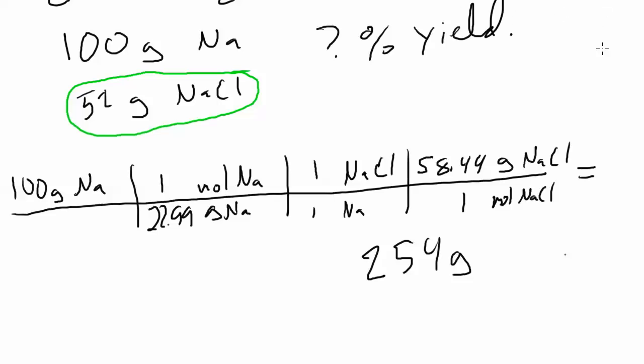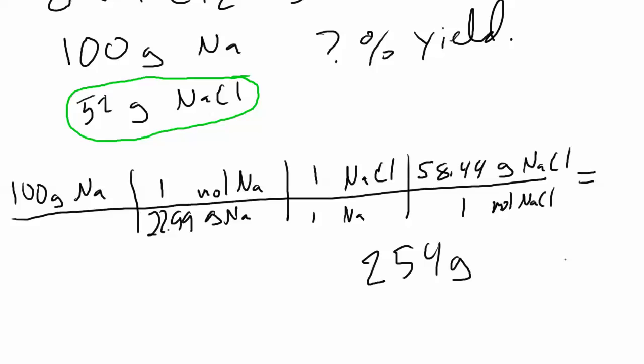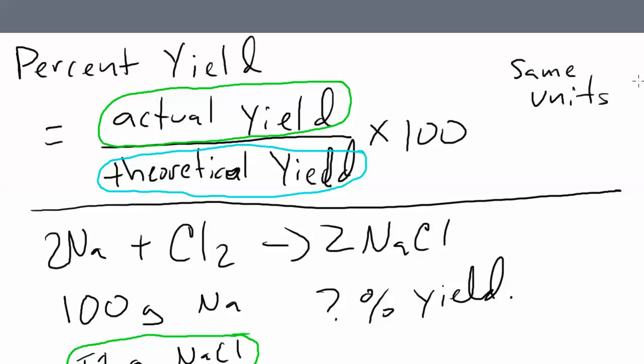What did we just calculate? Well, remember we needed the actual yield and the theoretical yield. The actual yield was given to us in the problem, so we just calculated the theoretical yield. So we're ready now to finally calculate percent yield. It's the actual yield divided by the theoretical yield times 100.